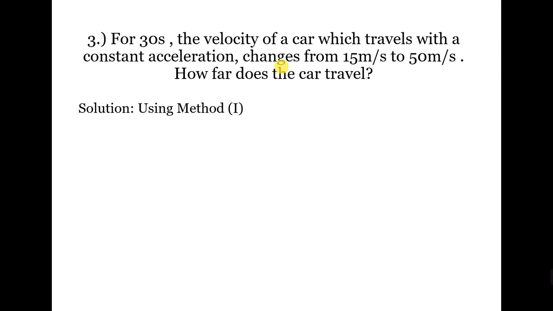Recall that with constant acceleration, we have the following kinematic equations for average velocity and displacement. Average velocity is equal to first velocity plus second velocity divided by 2. We will proceed to the displacement formula to solve for the distance traveled by the car. As we can see, it has two velocities given for the time interval.